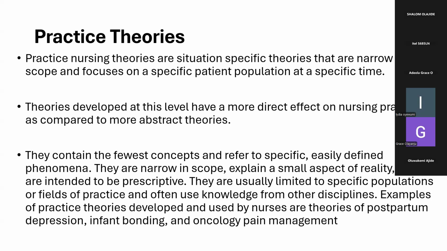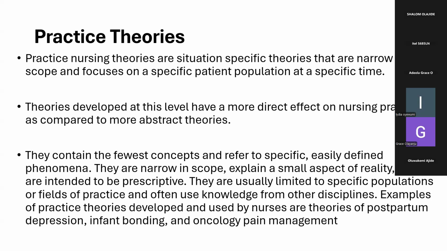So practice-specific theories are specific to a particular area, a particular field of nursing. If it's prescriptive, it tells us how that particular aspect should be handled. For example, if I develop a theory of diabetic self-care management, it gives you how self-care management in diabetic patients should be handled, which is specific to diabetes self-care management.